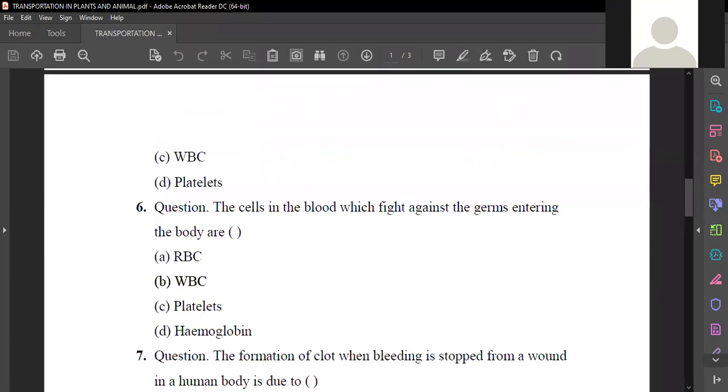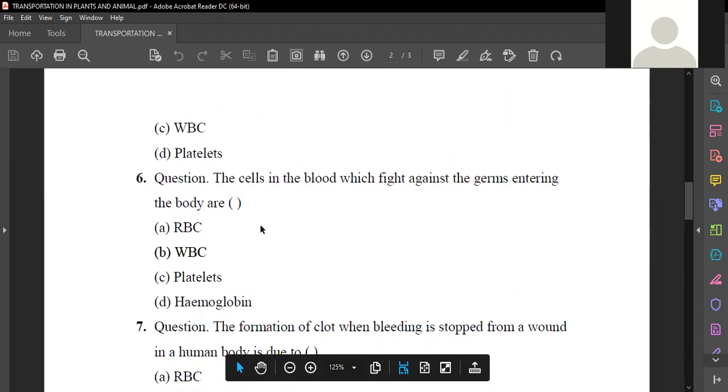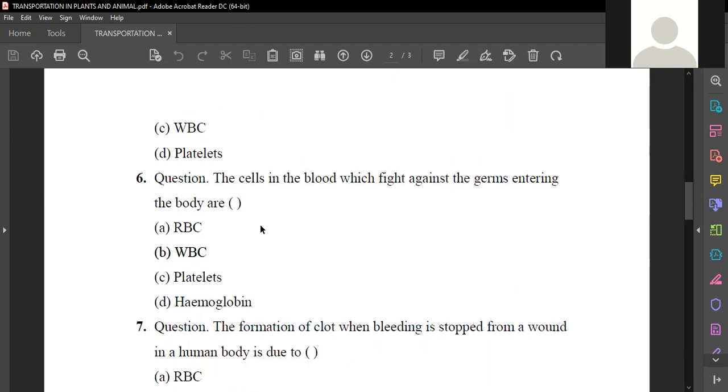The next one: the cells in the body which fight against germs entering the body are called dash. Sir, WBC. Very good. What is the lifespan of WBC? Not the full form. What is the lifespan? Sir, 120 days.